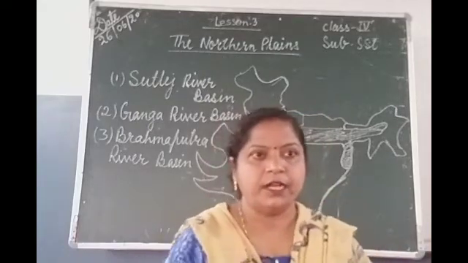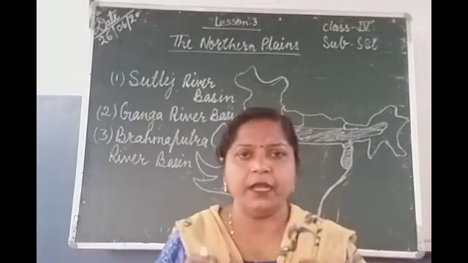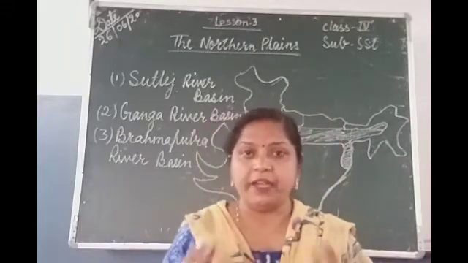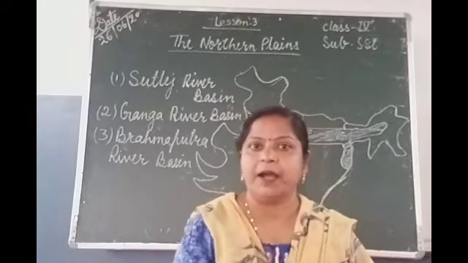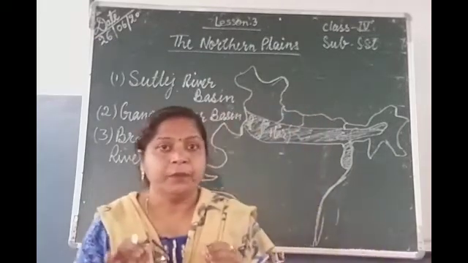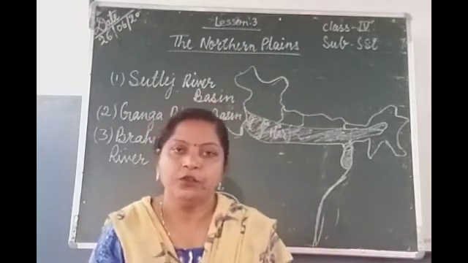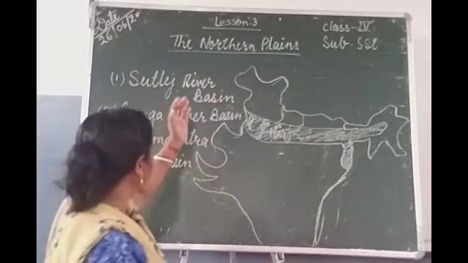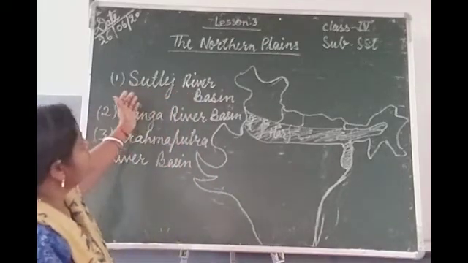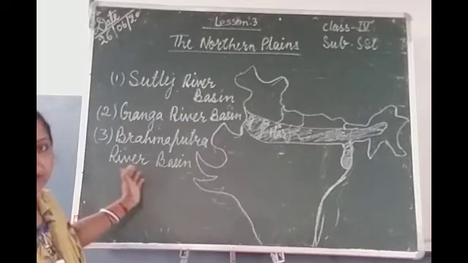Some part of this delta is in West Bengal, but mainly many parts of this delta are in Bangladesh. Some parts of the Brahmaputra basin are in Assam and a few parts are in West Bengal. So these are the main basins of the northern plains: Satluj basin, Ganga basin and Brahmaputra basin. Okay.